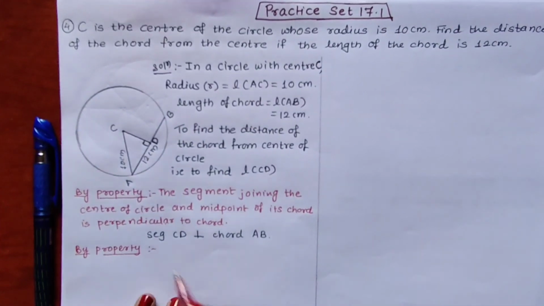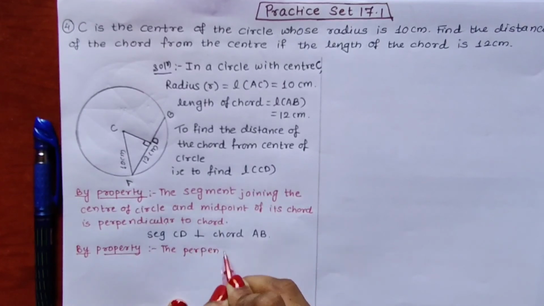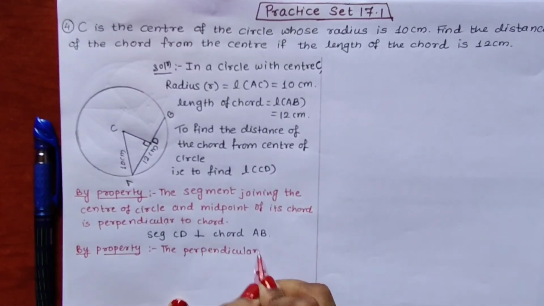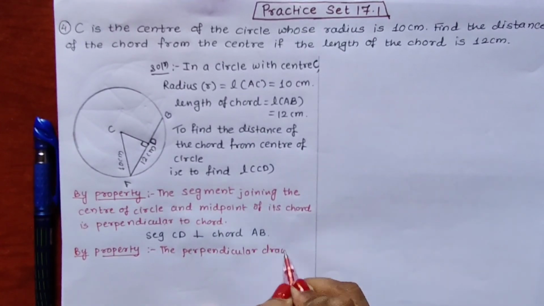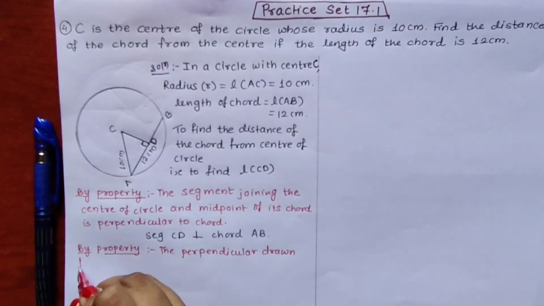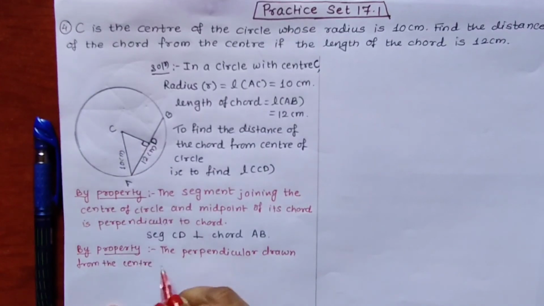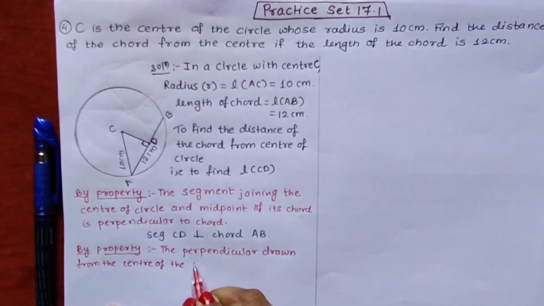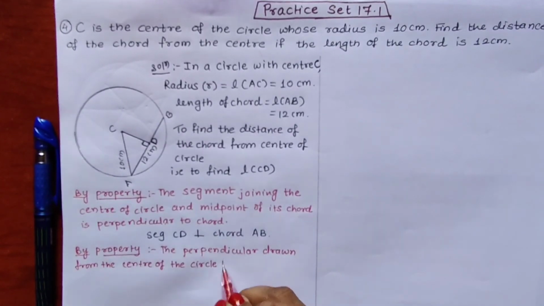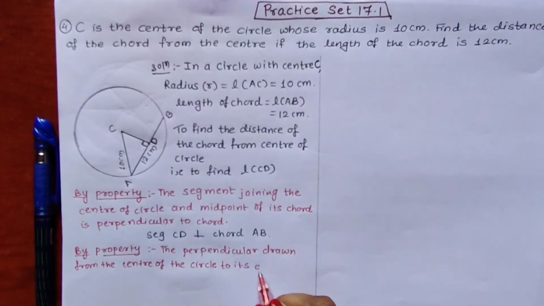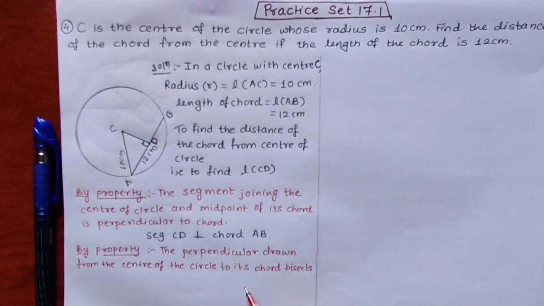The perpendicular drawn from the center of the circle to its chord bisects the chord.